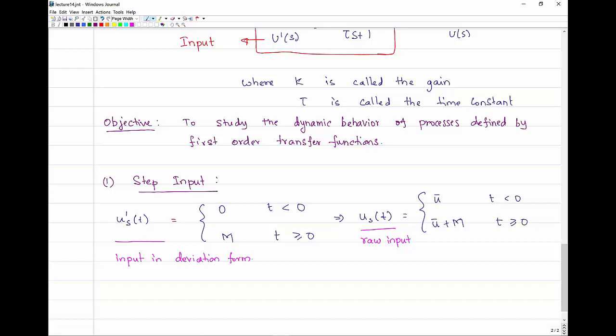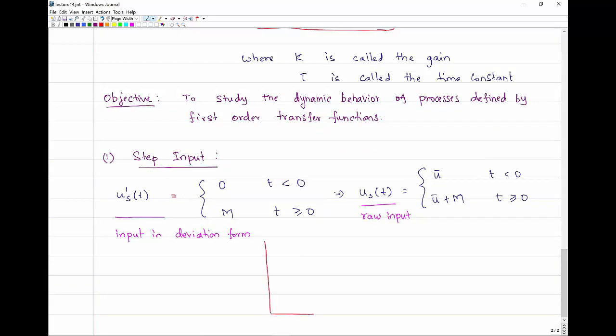In its raw form, it's going to be equal to u bar for negative times and is going to be equal to u bar plus M for all positive times. I want you to clearly understand the difference between the input in its raw form and the input in its deviation form. We can of course plot this on a graph.